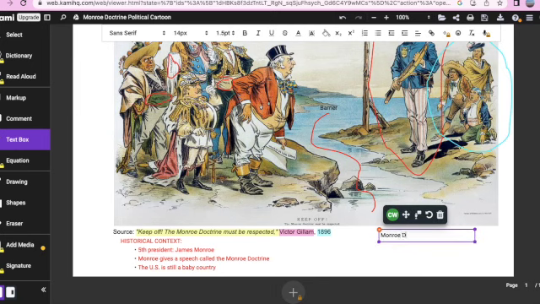So let's see. If I had no idea and just based off the cartoon, Monroe Doctrine: the U.S. is protecting Latin America from European countries.